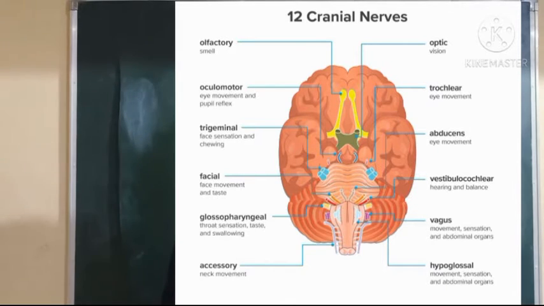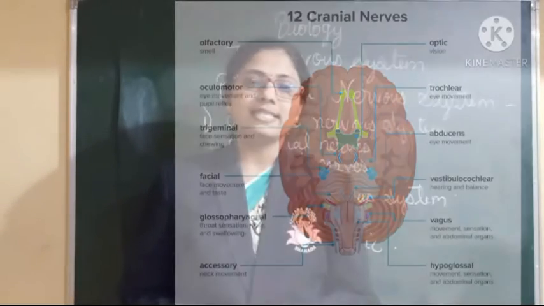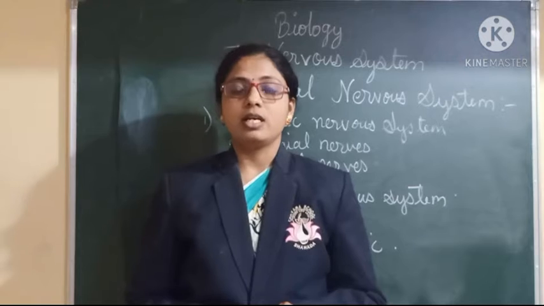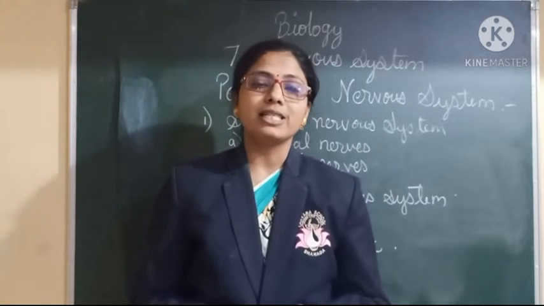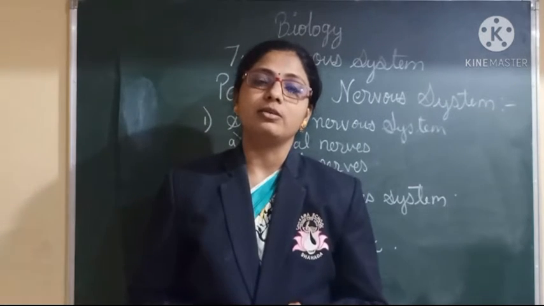So in these cranial nerves, you can see the different nerves which are present, which have 12 pairs, and which include sensory nerves, motor nerves and mixed nerves. Next is spinal nerves. You can see the diagram of the spinal nerves.